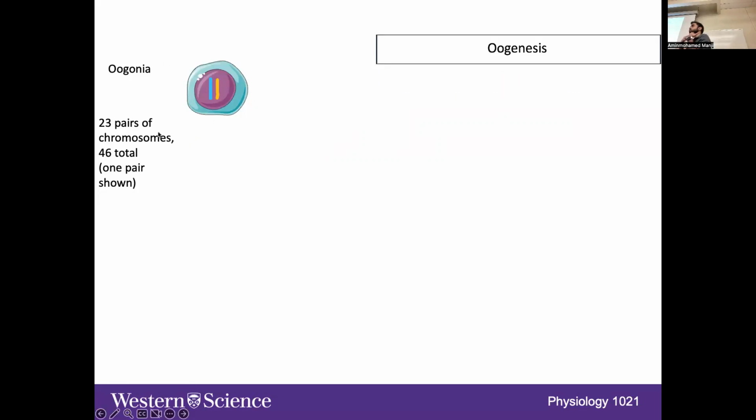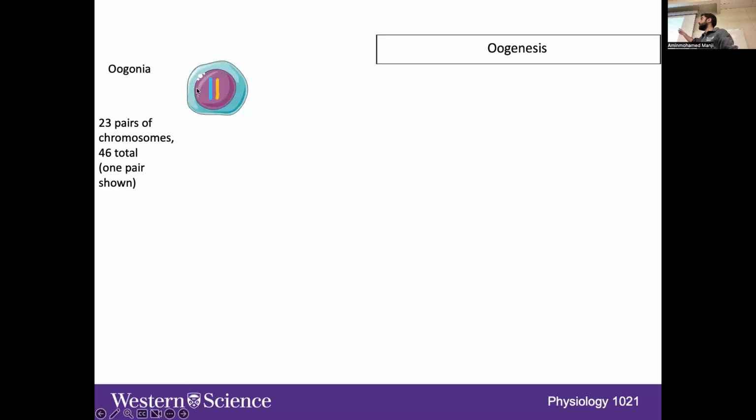That means they have 23 pairs of chromosomes. Again, why do we say pairs? Because you have one set of the 23 from your dad, and the other 23 from your mom. 23 from dad, 23 from mom, come together to give you your 46. Every one of our cells has those 46 chromosomes, including those oogonia.